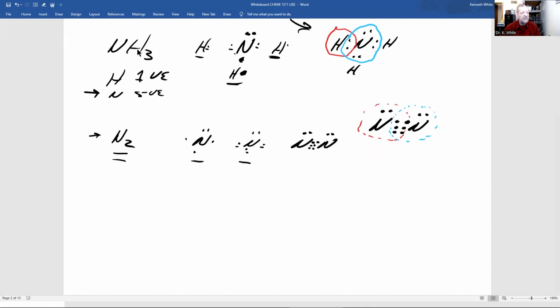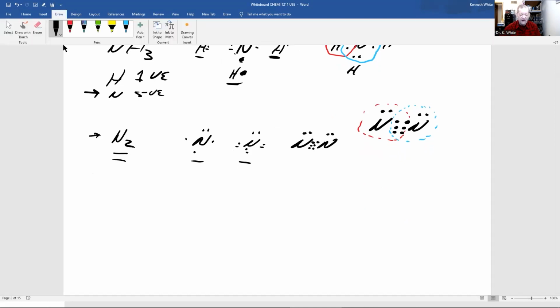But it's time to talk about covalent chemical bonds. Remember, you should know a covalent chemical bond is sharing of pairs of electrons between two atoms. Sharing pairs of electrons between two atoms.